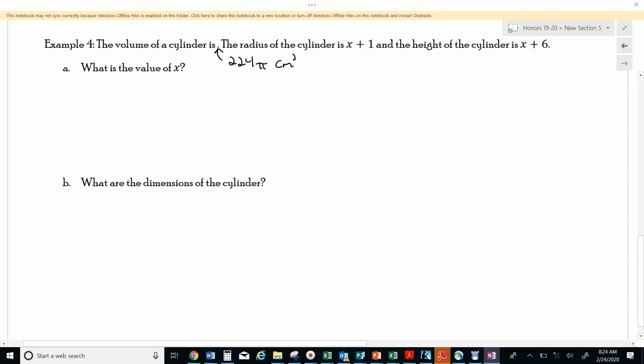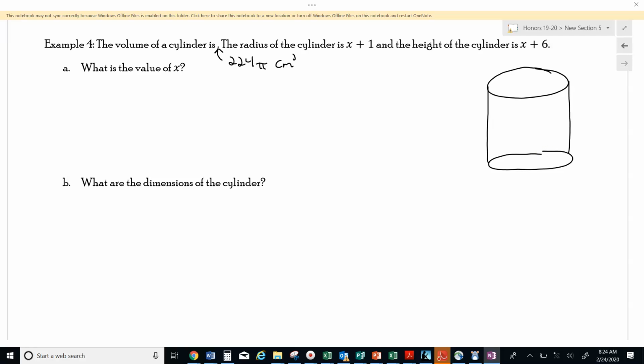So same idea, I'm going to draw my cylinder first. Here's my cylinder. The radius is x plus 1, and the height is x plus 6. So the volume of a cylinder equals pi r squared times height. That is from last semester. It's the area of a circle times the height of the cylinder.